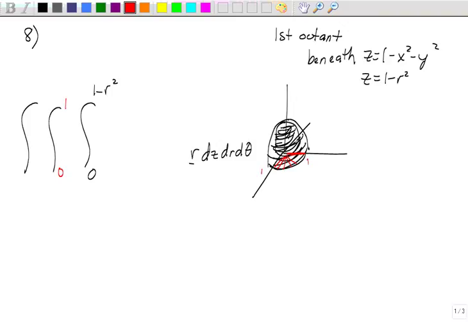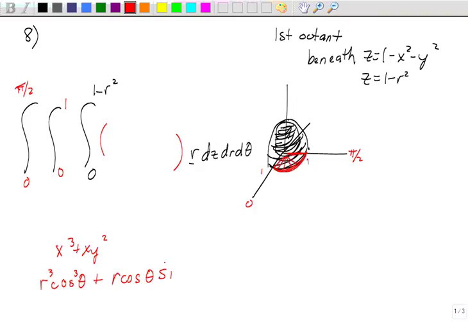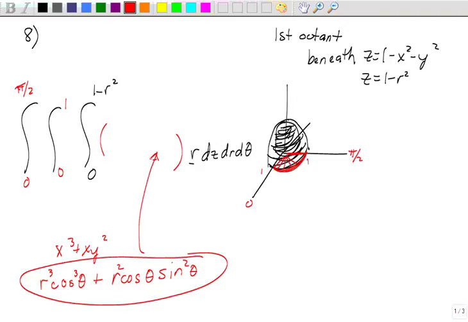And then theta, it's just in the first octant, so theta goes from 0 to pi over 2. And in there, the function is x cubed plus xy squared, but x is r cosine and y is r sine. So that's what's going to go in there. And then I've changed it to cylindrical coordinates.